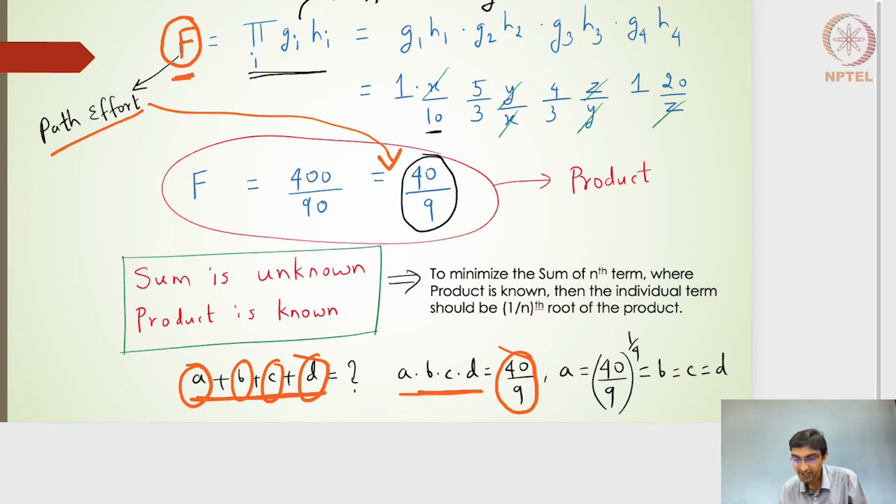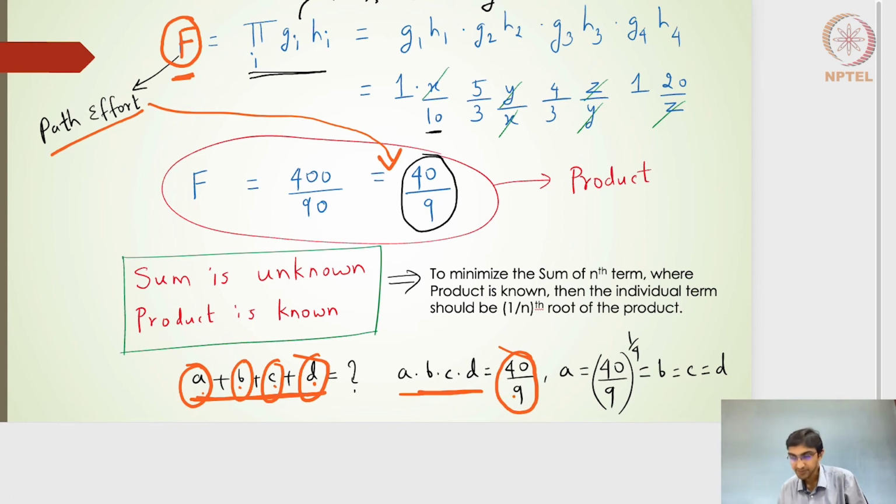So that if I have the minimum values of A, B, C, D, I will get the summation to be a minimum value. In fact, I should rephrase this. I want to know what should be the minimum of the sum of A, B, C, D, given the product of A, B, C, D. So that's what we need to calculate. What should be that minimum sum of ABCD given the product of ABCD as 40 by 9?